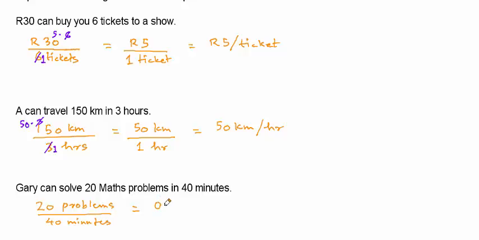So we would express the rate as 0.5 problems over 1 minute. That is to say, Gary can solve on average half a problem, or 0.5 problems, per minute, or every minute.